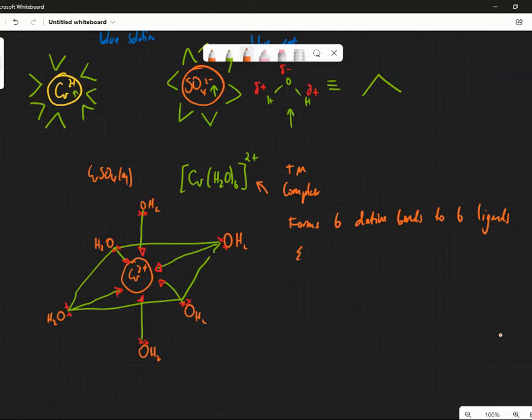Now each ligand donates 2 electrons. Okay, and if you only donate 2 electrons, that means each of them forms 1 dative bond each.